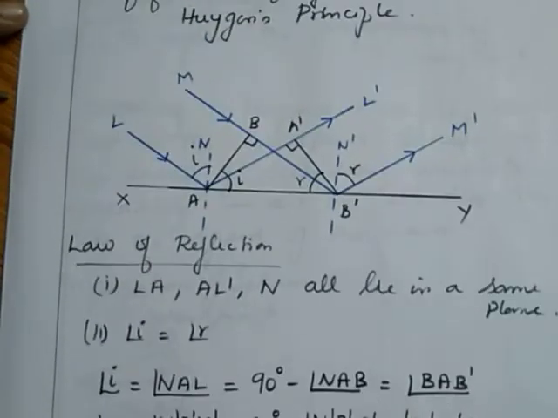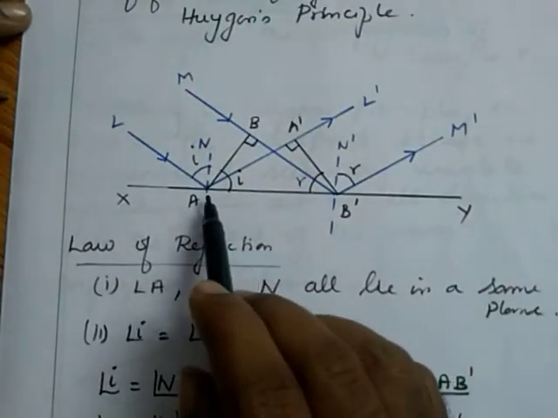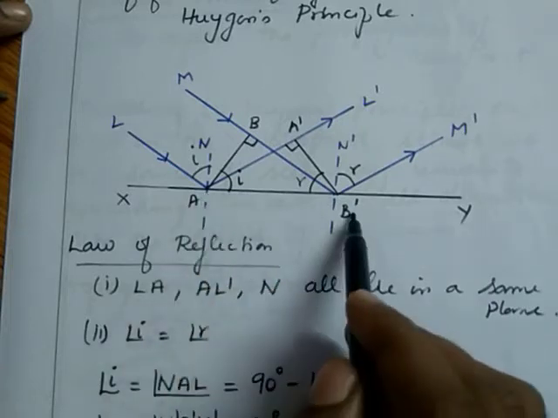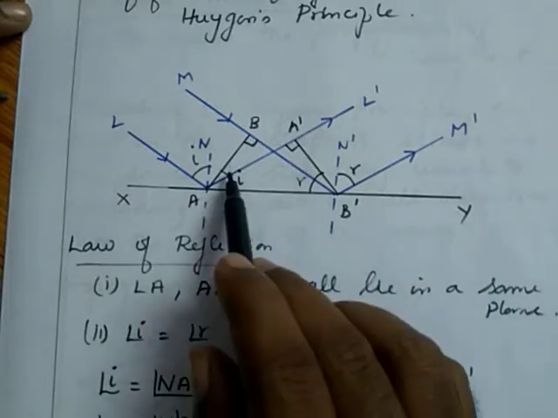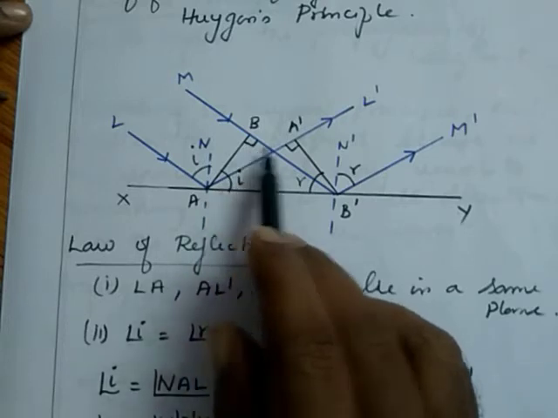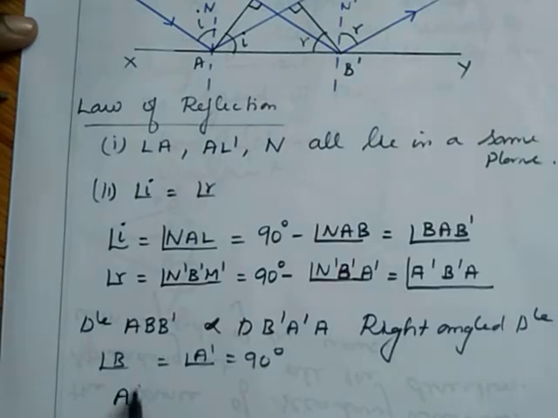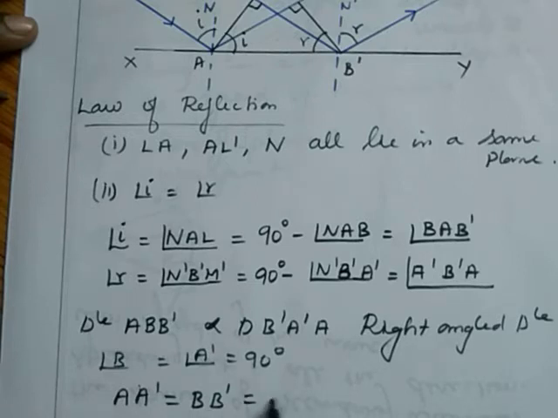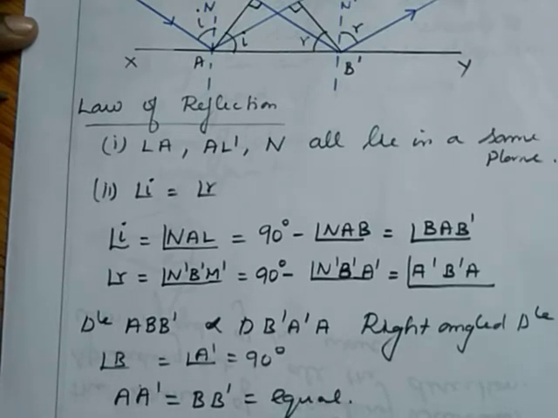Here the side AB' is common for the two triangles. So we can consider this is 90 degrees, this also 90 degrees, so the side AA' is equal to BB'. So these triangles AB'B and B'A'A are congruent triangles.